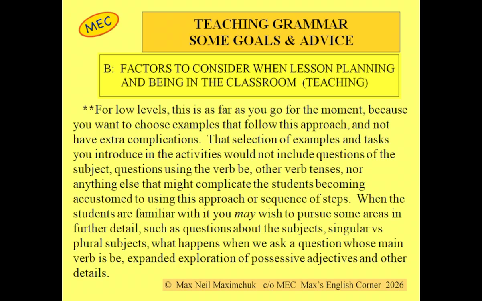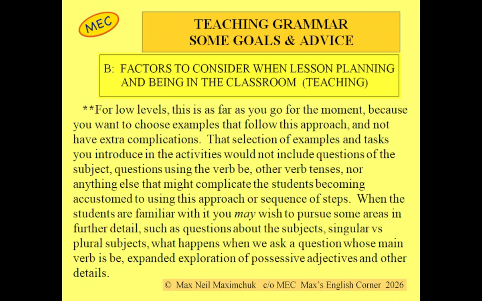For low levels, this is as far as you go for the moment, because you want to choose examples that follow this approach and not have extra complications. That selection of examples and tasks you introduce in the activities would not include questions of the subject, questions using the verb be, other verb tenses, nor anything else that might complicate the students becoming accustomed to using this approach or sequence of steps.